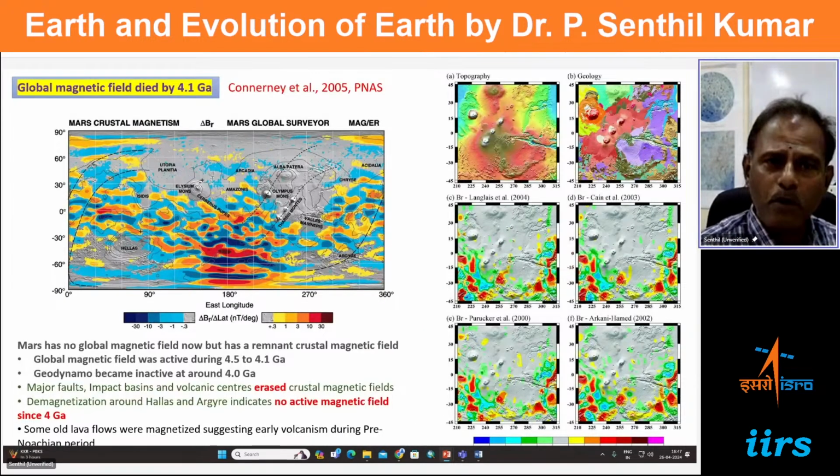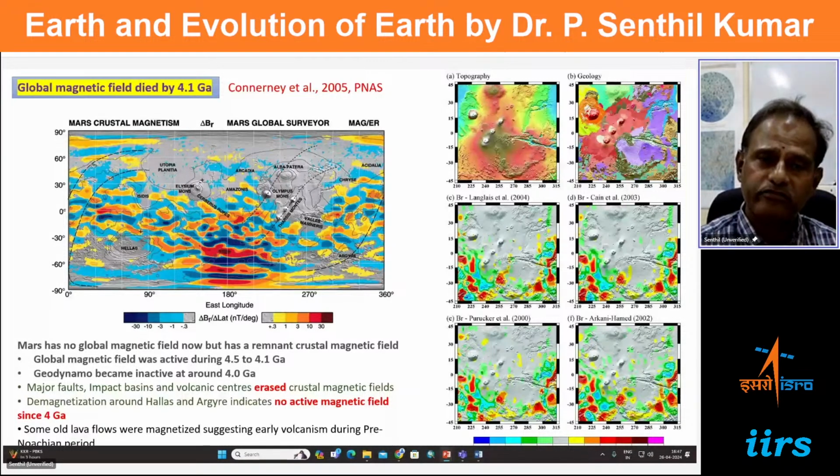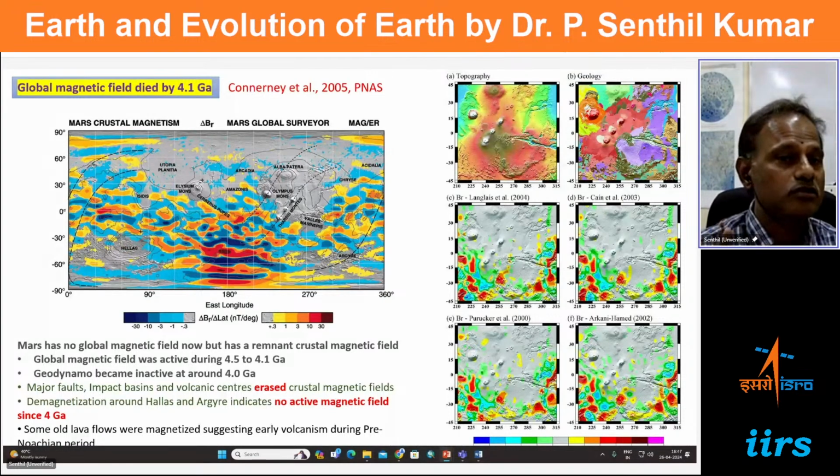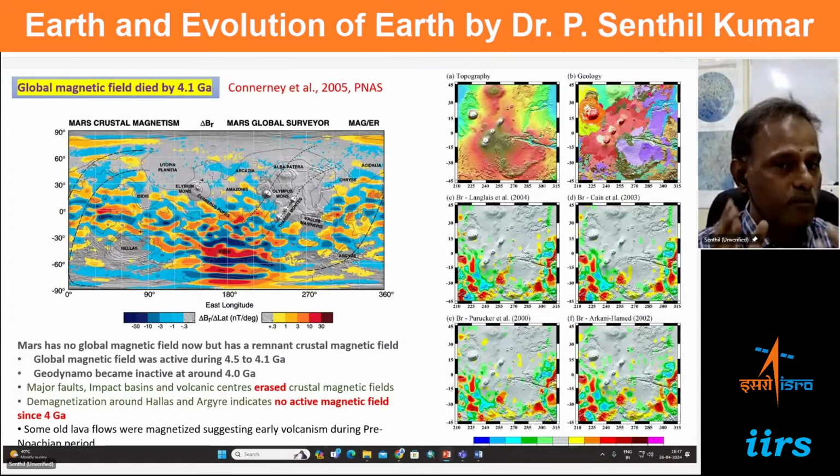You look at Mars. Mars also had a magnetic field, but today the global magnetic field has disappeared. When did it disappear? About 4,100 million years ago, the magnetic field disappeared from Mars. However, whatever rocks were formed from 4.5 to 4.1 billion years ago preserved the magnetic field that was present at the time.